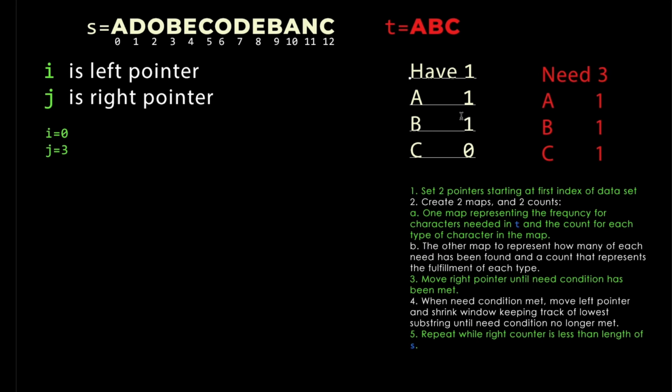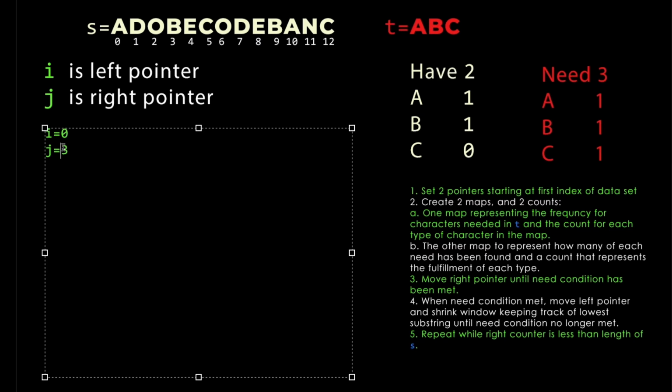Our have map for B is equal to what we have for B in our need map. And so we can now increment our have count. Does our have count satisfy the condition of our need count? No, it's less than. And so we need to continue with J.